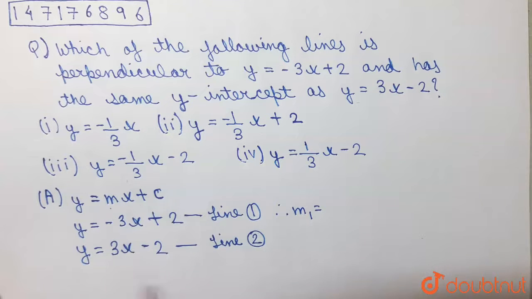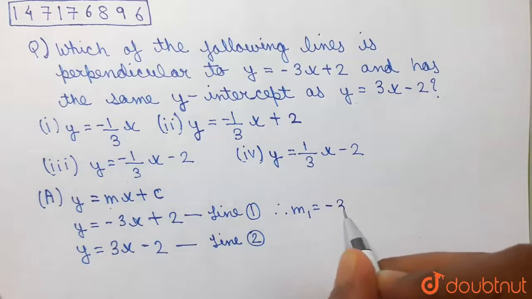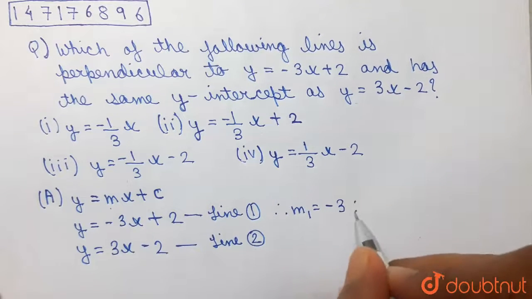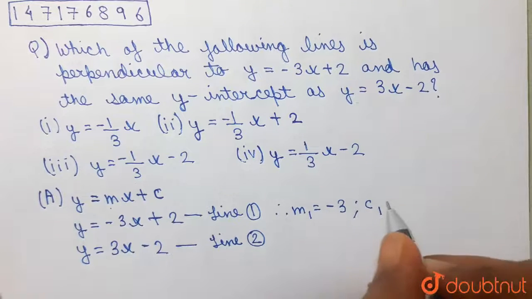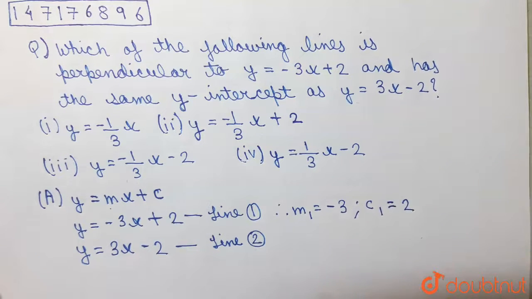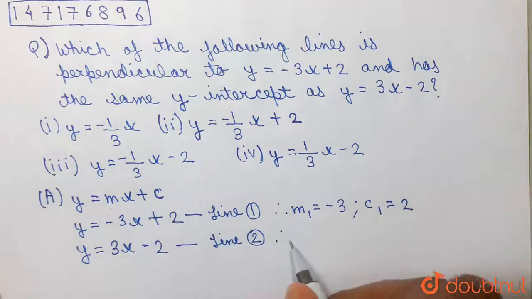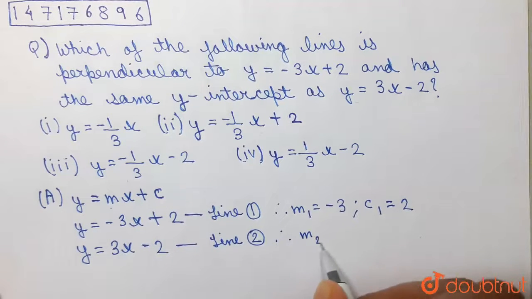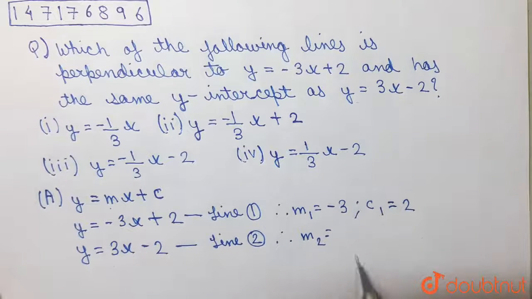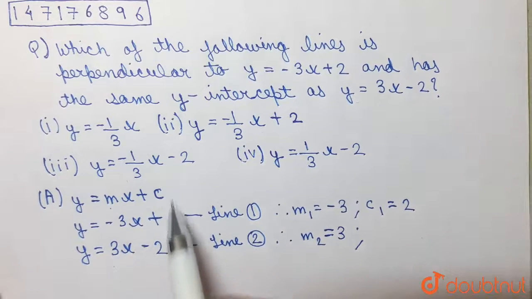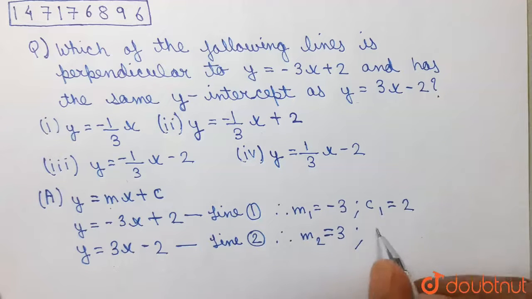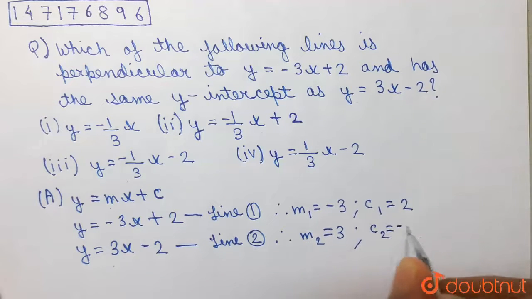So m1 is minus 3 and c1 for line 1 is 2. Similarly, for line 2 we can write m2 is equal to 3 and the value of c2 is minus 2.